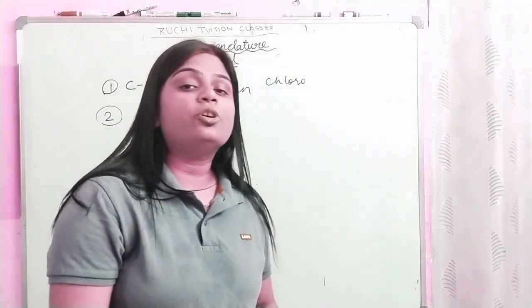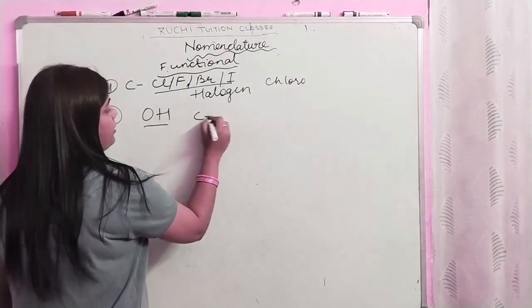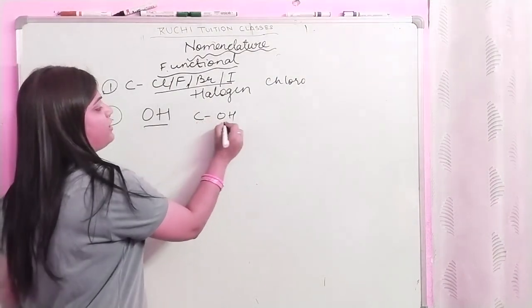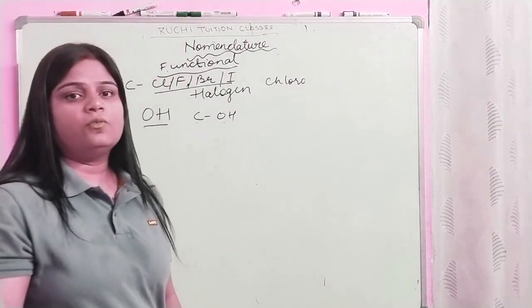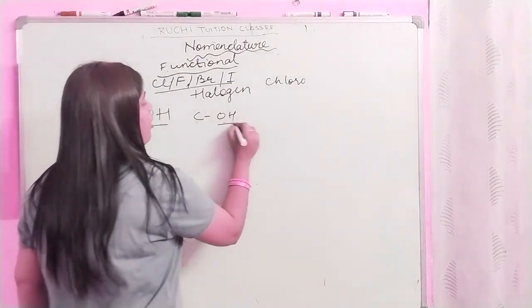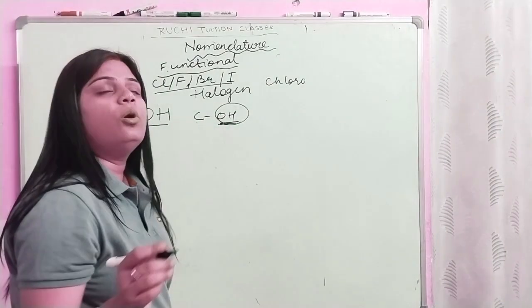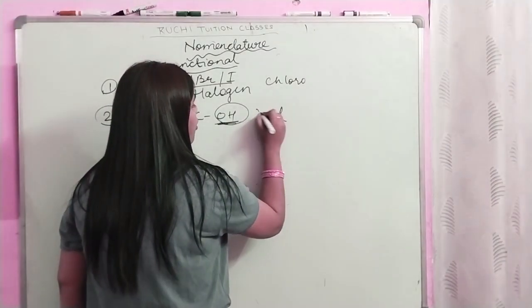Alcohol is always denoted with OH, that means carbon attached with oxygen. Hydrocarbon attached with alcohol, and in the naming, the suffix used is ol.